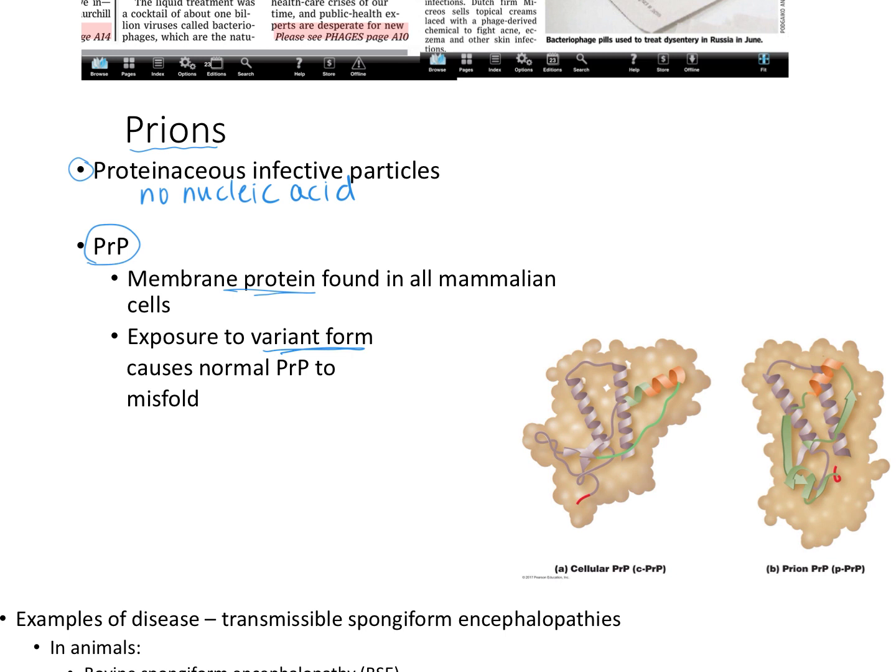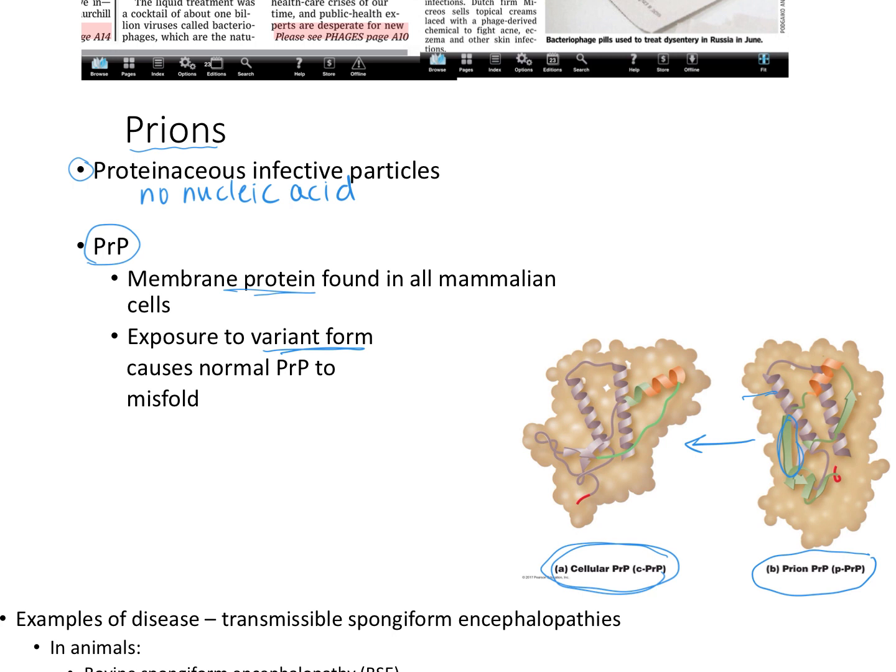It's kind of like, if you've ever heard the expression, one bad apple ruins the bunch, that's the idea. So here's this cellular PrP, the normal kind that is in all of our mammalian cells. When it's exposed to the misfolded version, which has a few more beta sheets rather than alpha helices, it will cause the normal form to misfold.